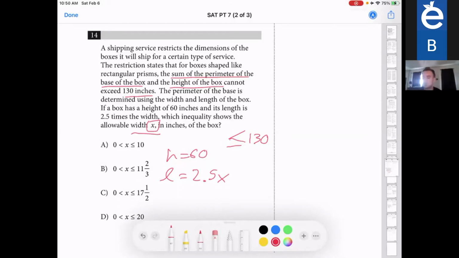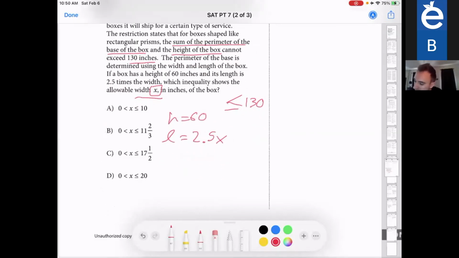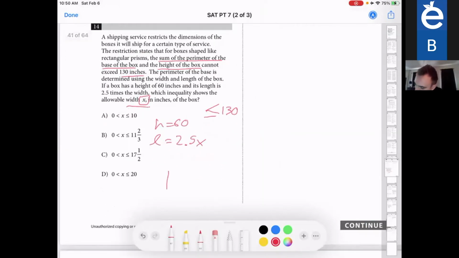So if we think about this, we have this box here. Let me try and draw a little three-dimensional. Right, so they tell us our height here is 60. I'm going to call this height here, but we know that goes around because we're talking about a rectangular prism. That height should be 60.